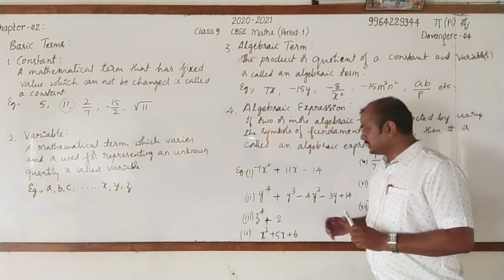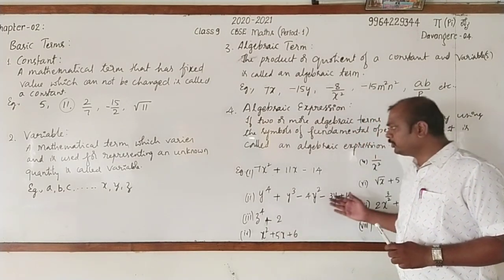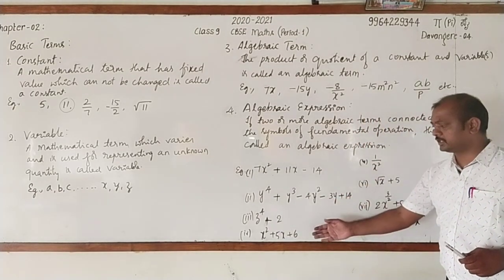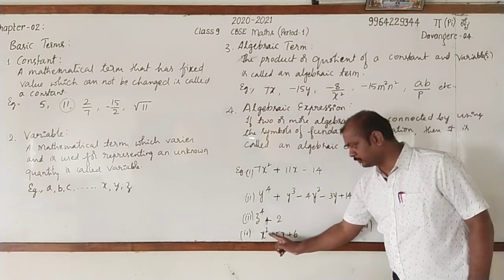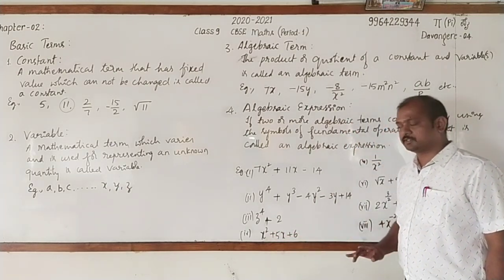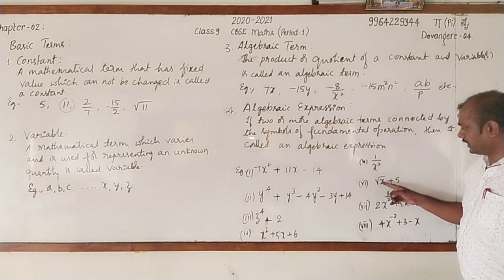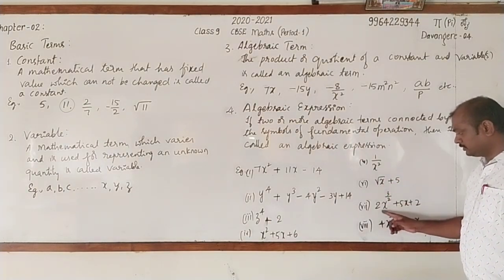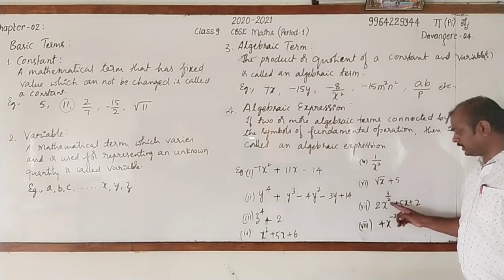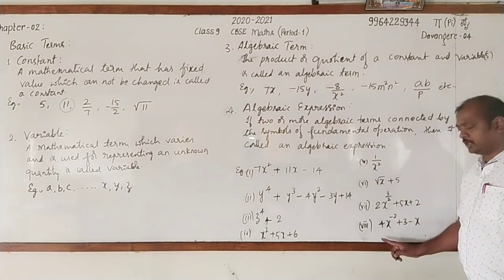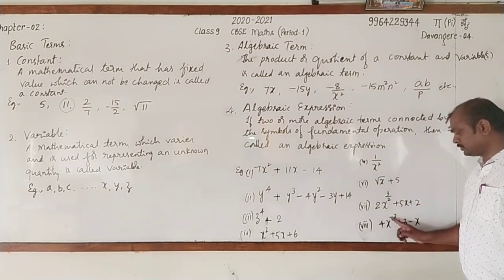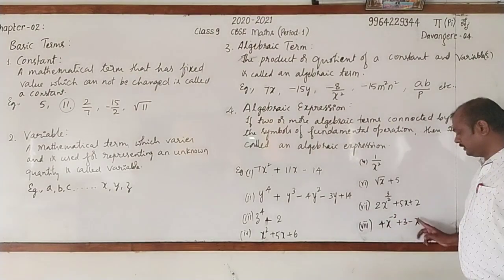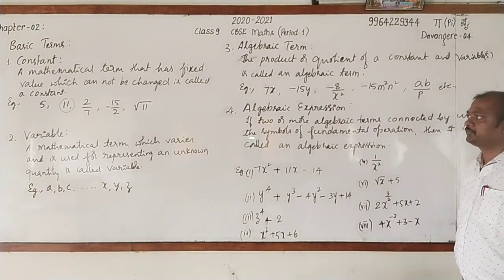Dear students, I have taken a few more examples for algebraic expression. See that? This is the fourth one, x square plus 5x plus 6. Then here 1 by x square. Then this is root x plus 5. Then this is 2x raised to the power 3 by 2 plus 5x plus 2. And this is 4x raised to the power minus 2 plus 3 minus x.